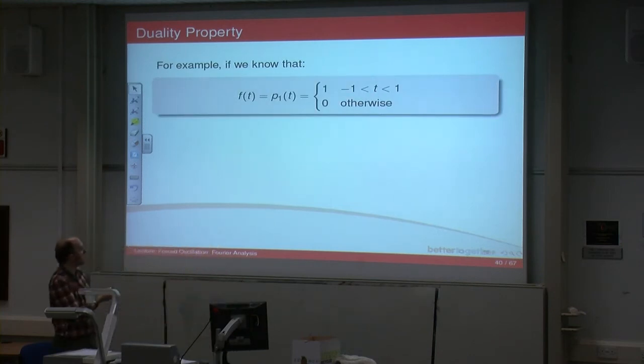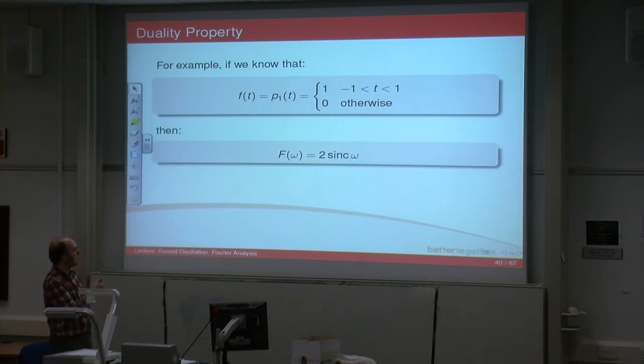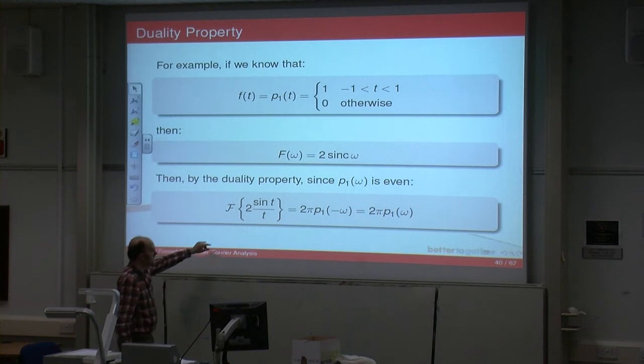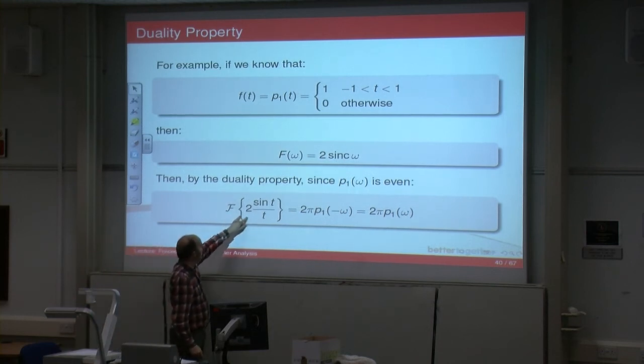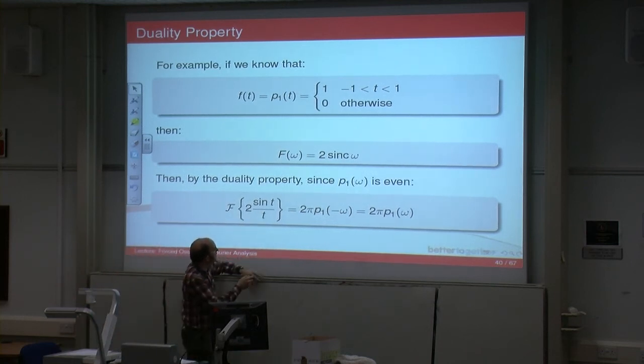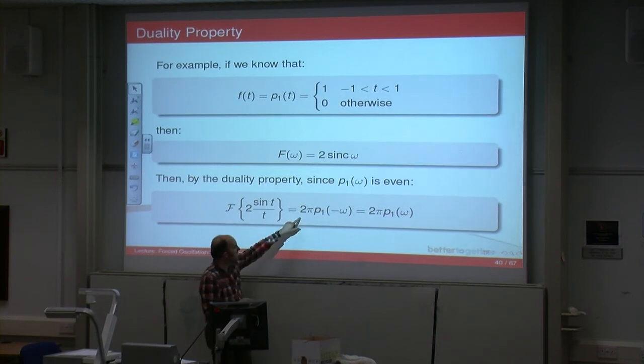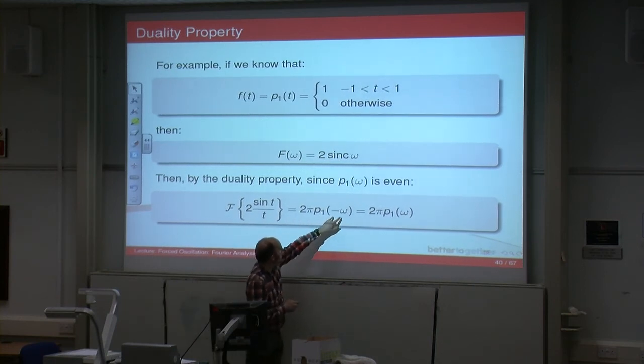We've got this pulse of width 2, and we know that this is the solution to that pulse, Fourier transform. If you had the Fourier transform of this term in terms of time, so we've got 2 sinc t, if you took the Fourier transform of that, you get 2 pi times this in terms of frequency.